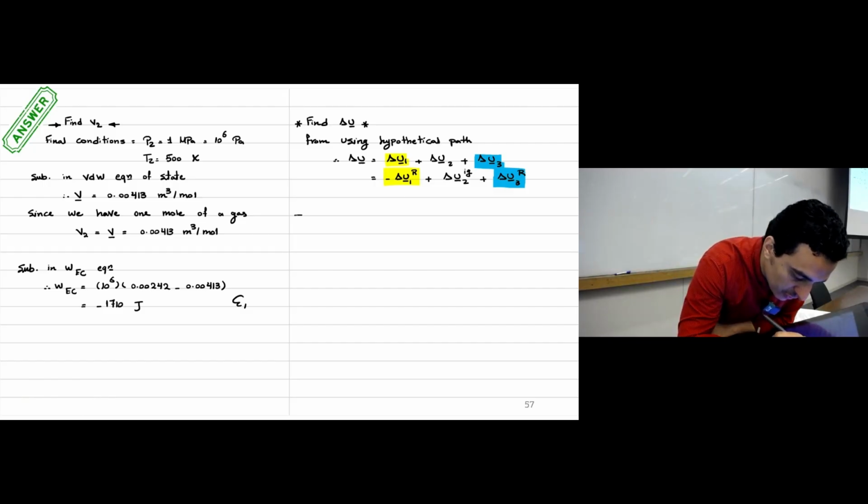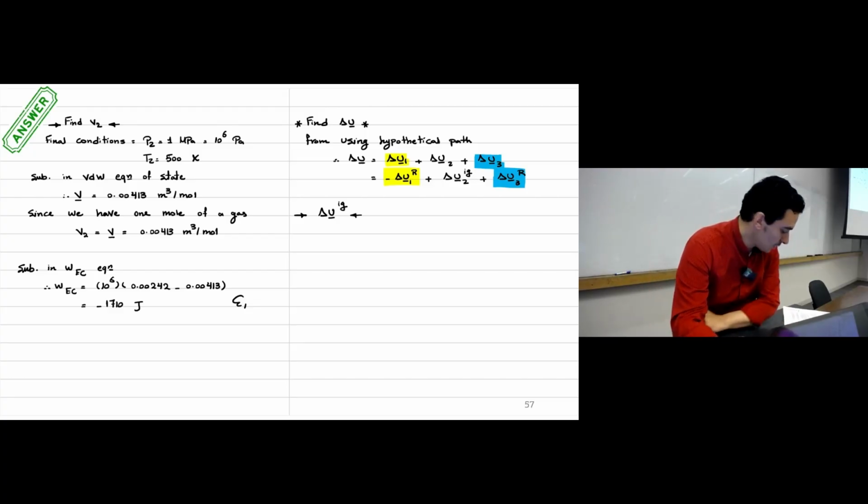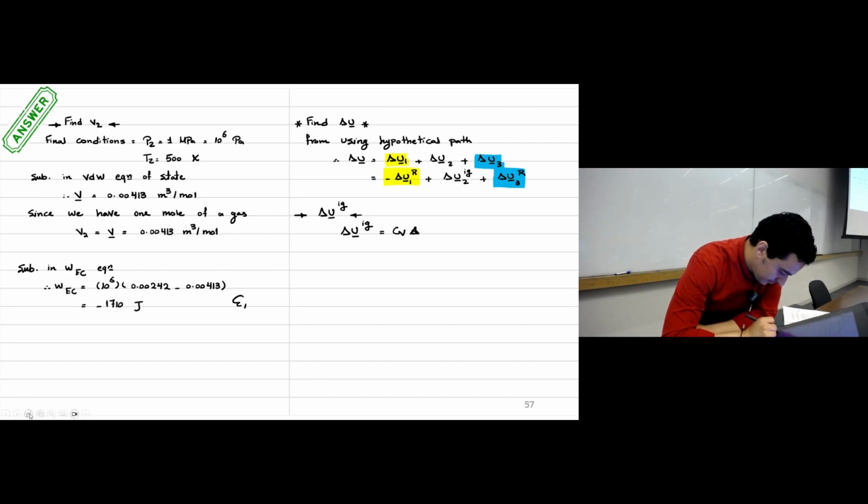So let's start with the first one, which is delta U of ideal gas. Let's do it from scratch.